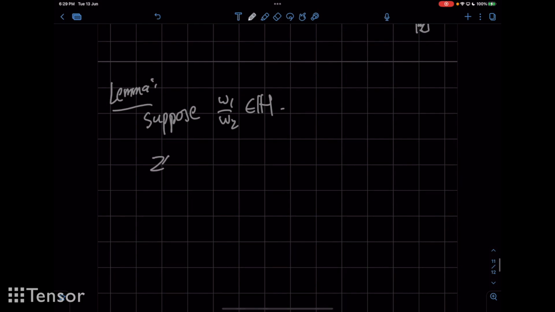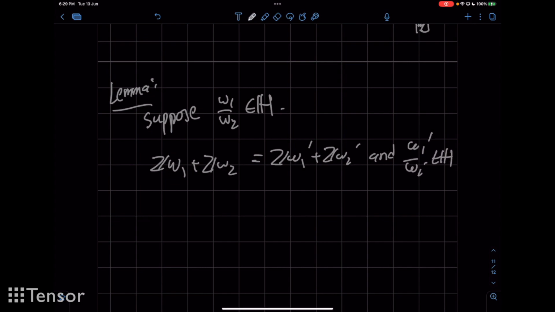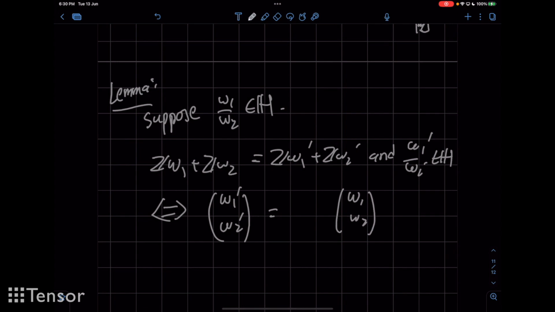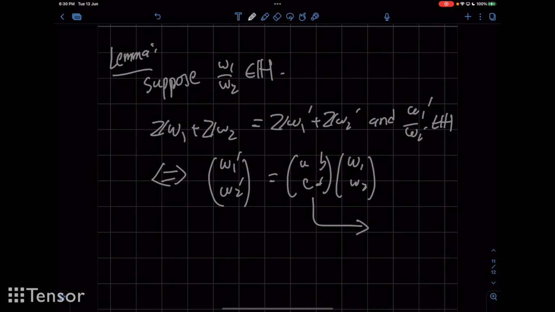Then z omega 1 plus z omega 2 is equal to z omega 1 prime plus z omega 2 prime, and omega 1 prime by omega 2 prime is in the upper half plane if and only if omega 1 by omega 2 equal to omega 1 prime by omega 2 prime is related by a matrix ABCD, but this time this ABCD matrix is in SL2Z.